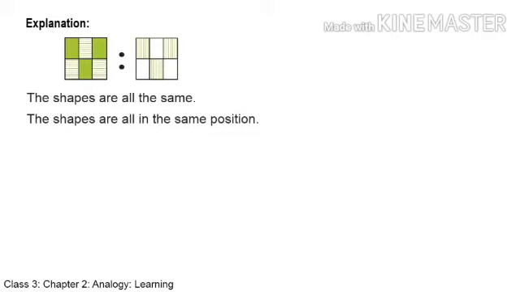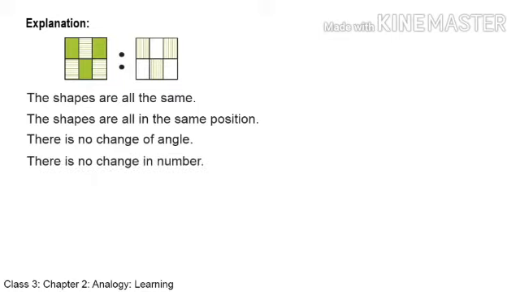Observe the first pair. Look carefully at the first pair of shapes and consider their relation to each other. Look at their shape. The shapes are all the same. What about their position? The shapes are all in the same position. Look at their angle. There is no change in angle. Is there any change in number?